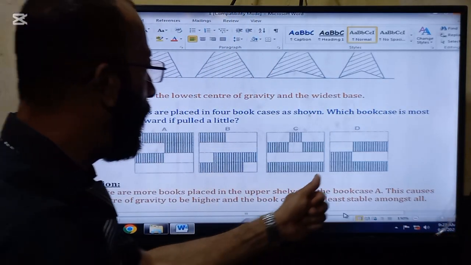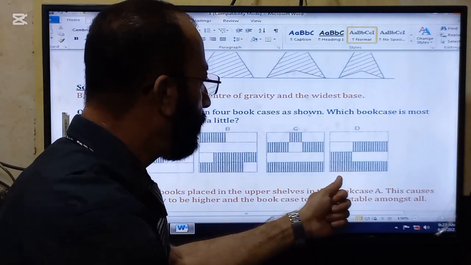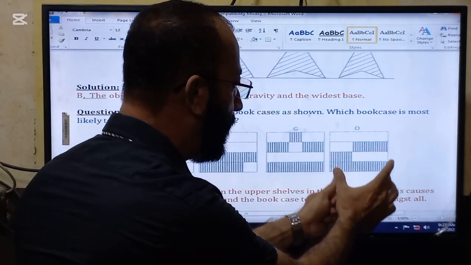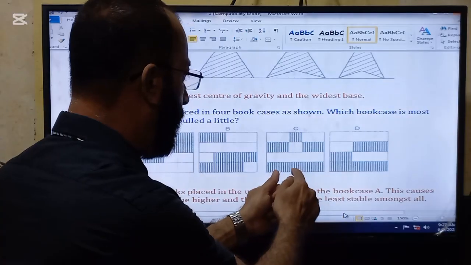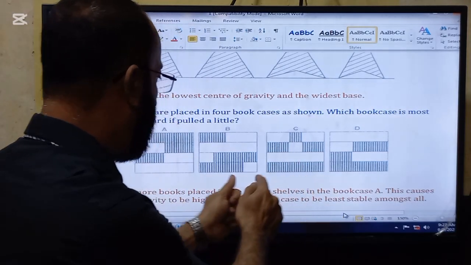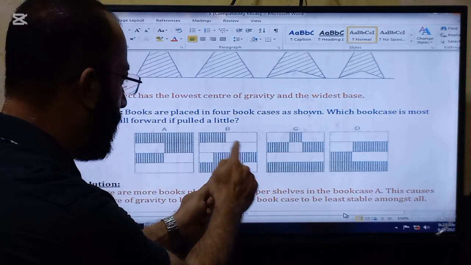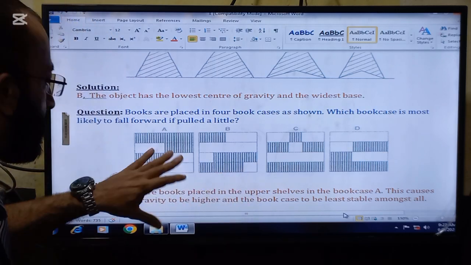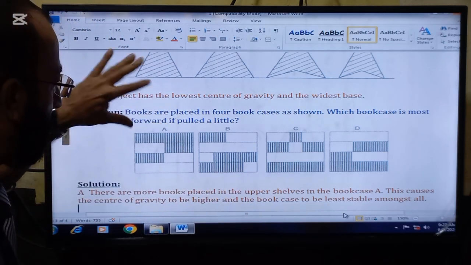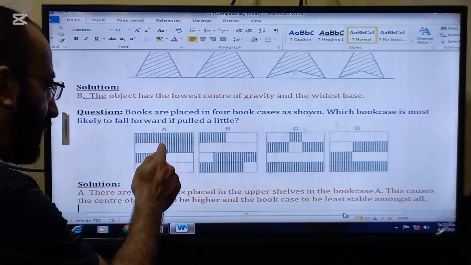So look at this case. Most of the books are placed in the lower position, so the center of gravity will be low there because most of the books are placed there. But in this case, if you see, most of the books are placed in the upper portion, so the center of gravity will be high there.